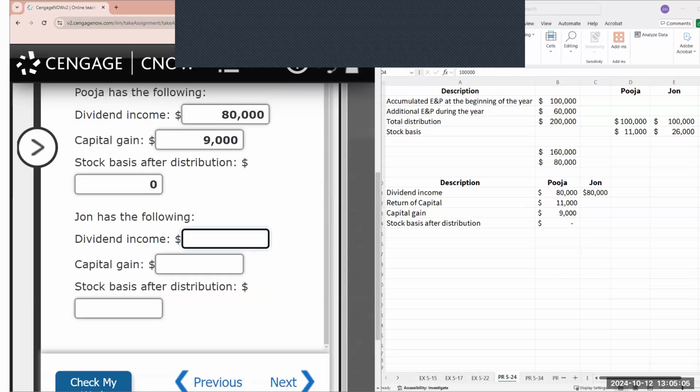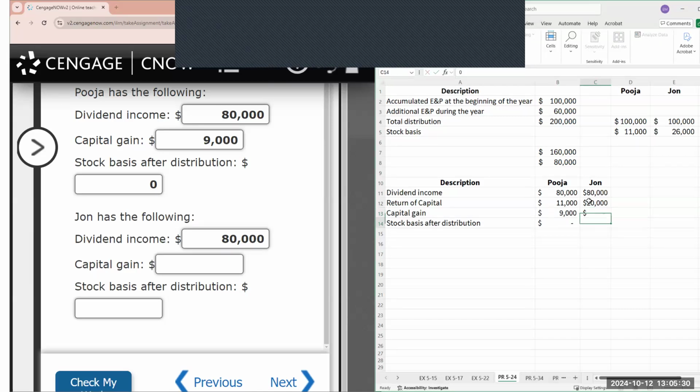Now for John, on the other hand, $80,000 is treated as dividend income. And in such case, for the return of capital, we know that $26,000 represents John's stock basis. So the entire $20,000 excess is going to be treated as a return of capital.